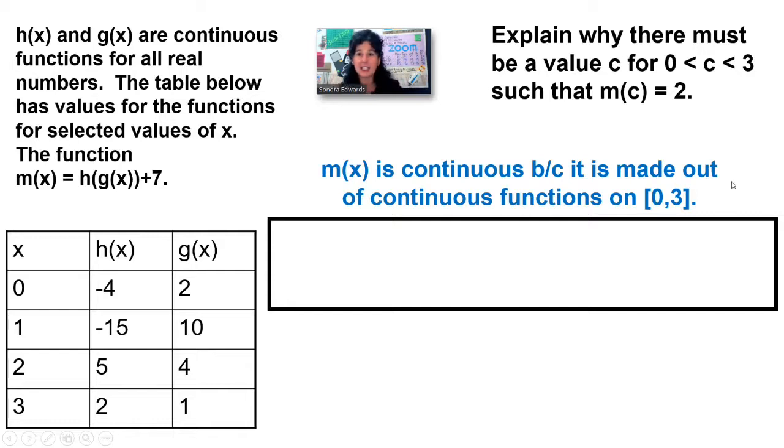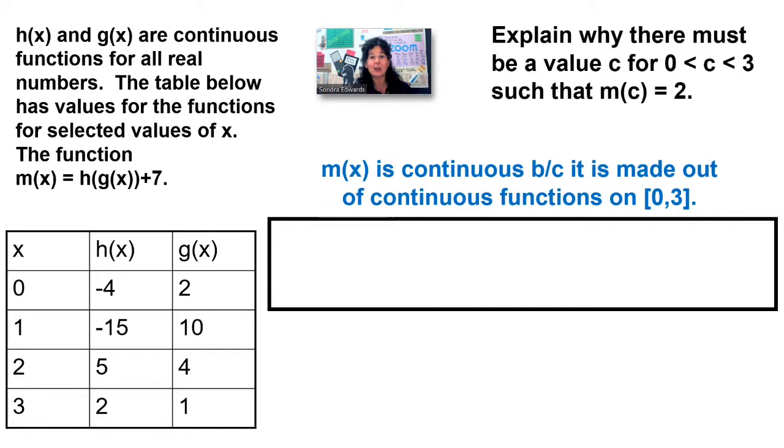Okay, next thing I need to do is establish a height above and below the height I'm trying to guarantee. I'm trying to guarantee a height of 2, and we're going to use the x values at the endpoints of the interval to establish this.